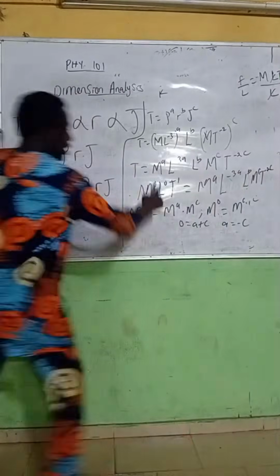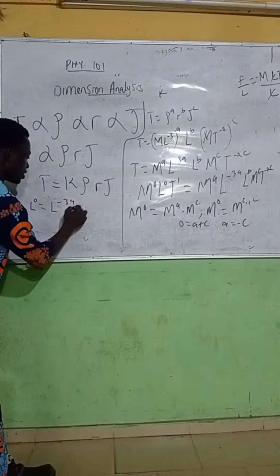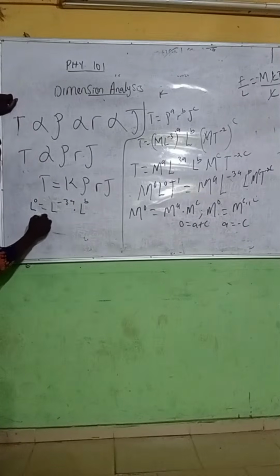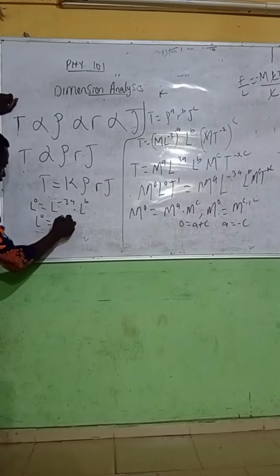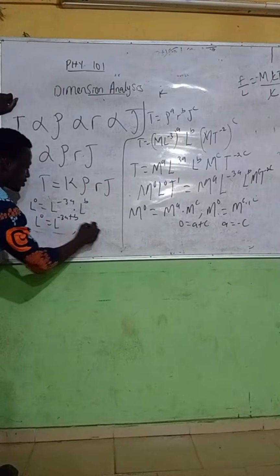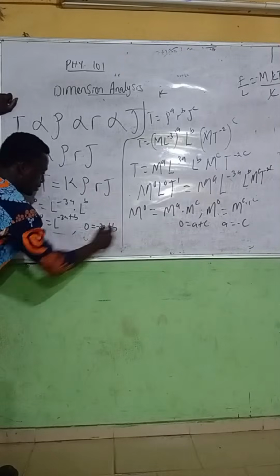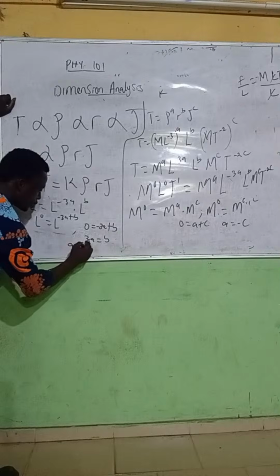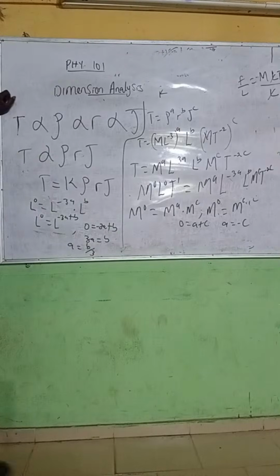So we have L raised power minus 3A and L raised power B. So here we have L raised power 0 equals to L raised power minus 3A plus B. So we have 0 equals to minus 3A plus B. So we have 3A equals B. So A equals B over 3. Are we together?